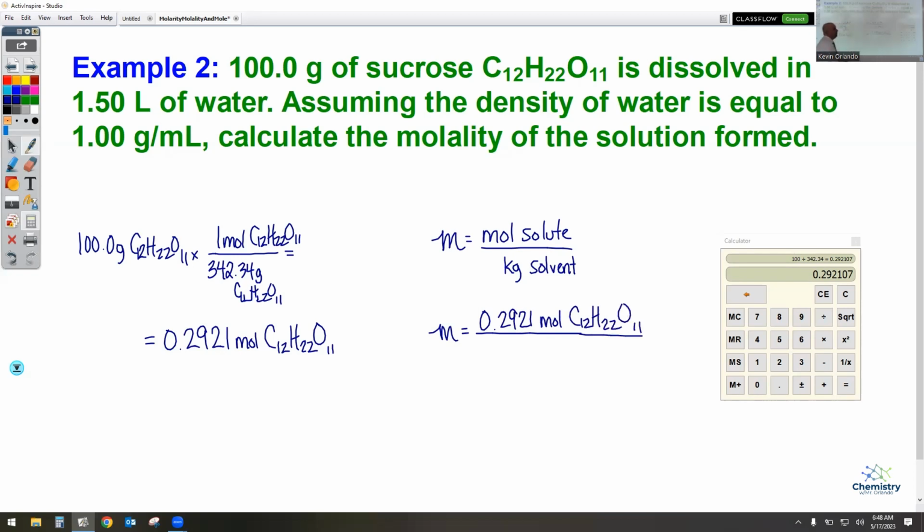For the bottom part, we have to find out our kilograms of solvent. Well, in this problem, they tell us that we have 1.50 liters of water. We know that there are 1,000 milliliters in 1 liter. They also tell us the density of water, which is 1 gram per 1 milliliter.